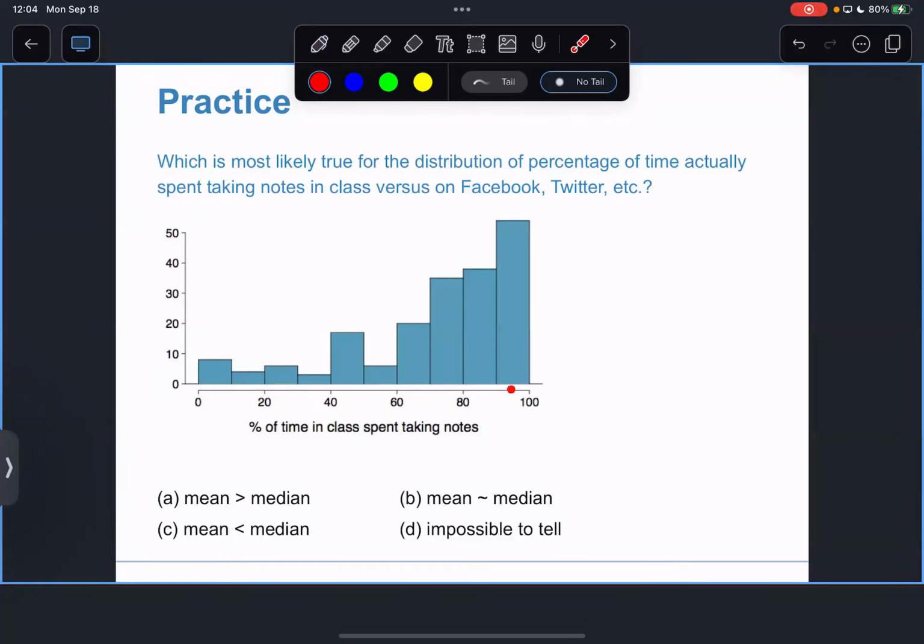Most students, presumably, well, I feel like I'm taking notes the entire time. Well, I'm blabbing for sure the whole time. But which is most likely true for the distribution of the percentage of time actually spent taking notes in class versus on Facebook, Twitter? Weird choices, but things get outdated really quickly, I think, now.